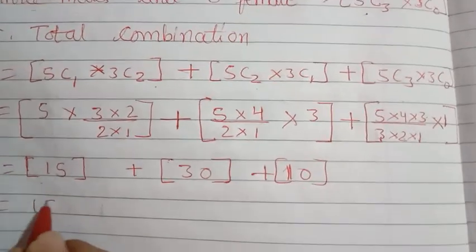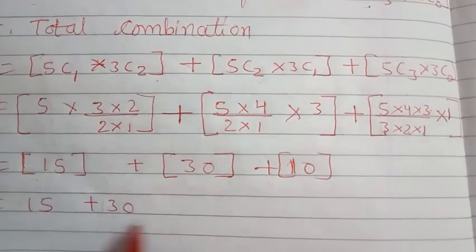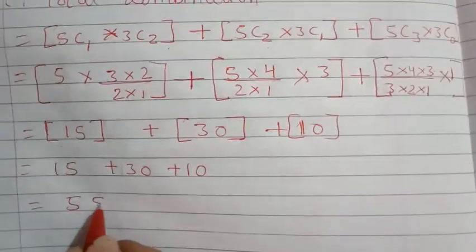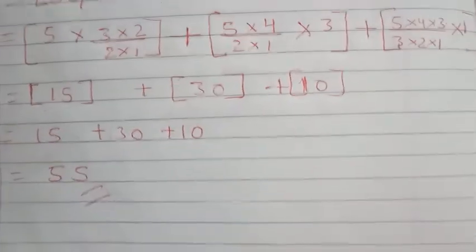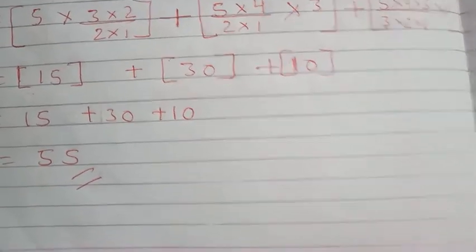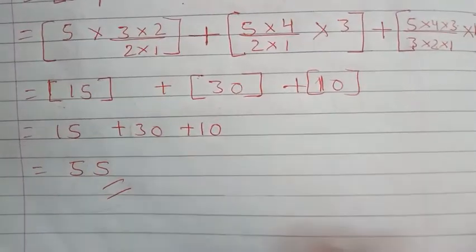So that is 15 plus 30 plus 10, that is total 55. So at least one male is selected, so the total combinations is 55.